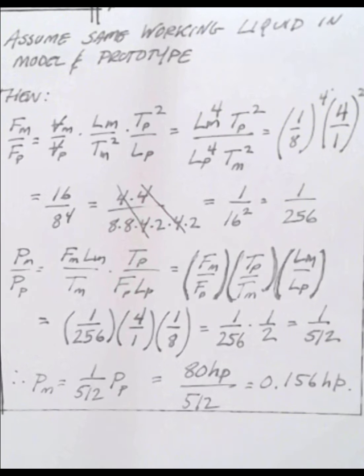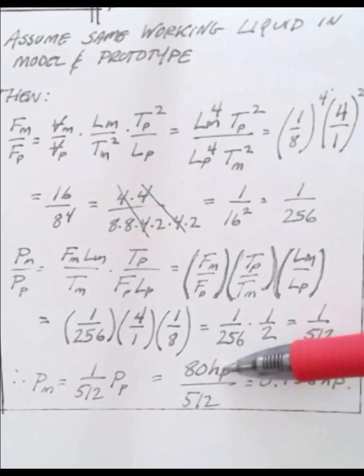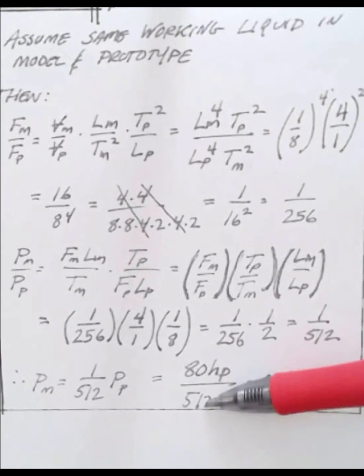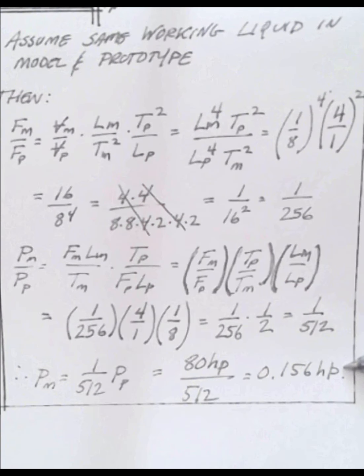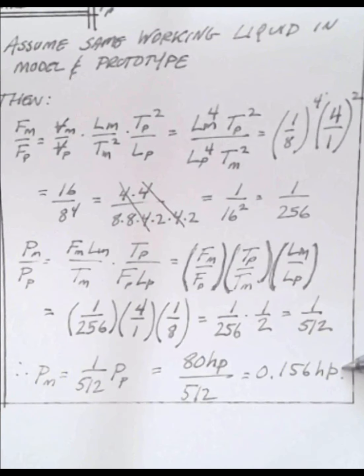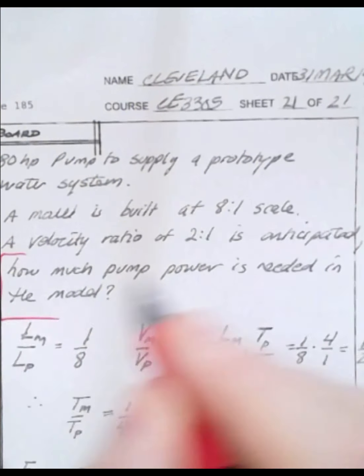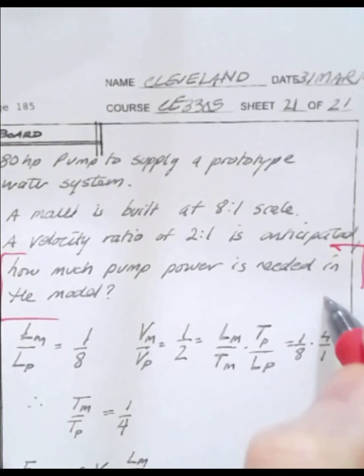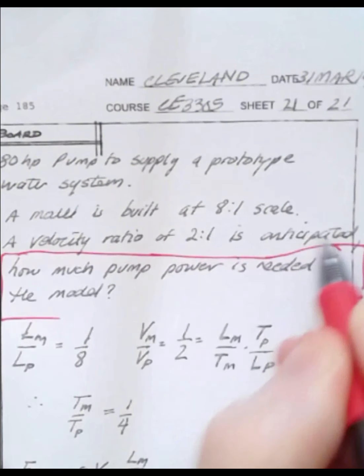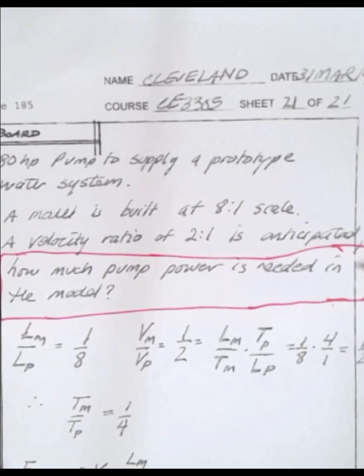Thus, the 80 horsepower prototype divided by 512 means our model only needs to generate 0.156 horsepower. So that gives us a tool to estimate the amount of power we'll need in the model.